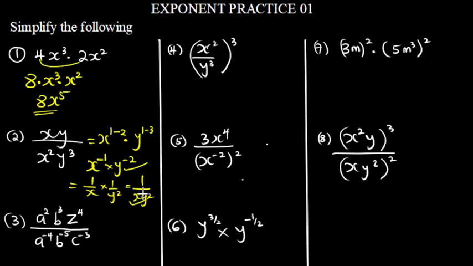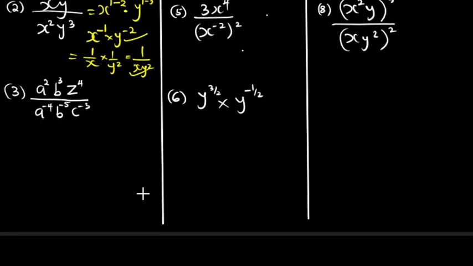Then for number 3, number 3 is similar to number 2. So this one becomes a to the power of 2 minus negative 4, b to the power of 3 minus negative 5, then, sorry, this is supposed to be z, then z to the power of 4 minus negative 3.